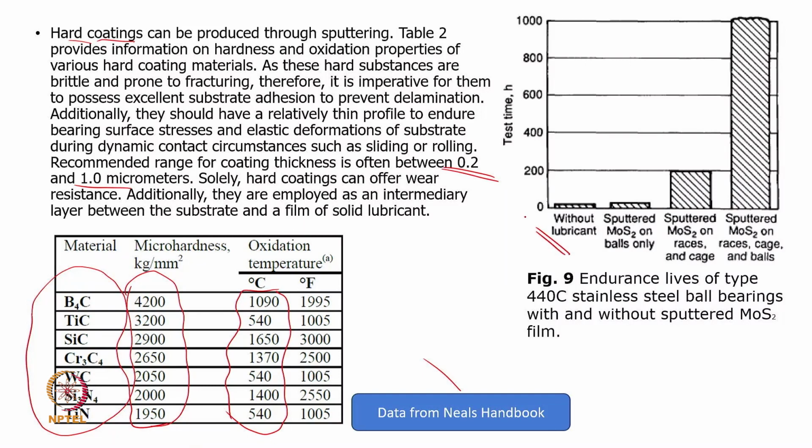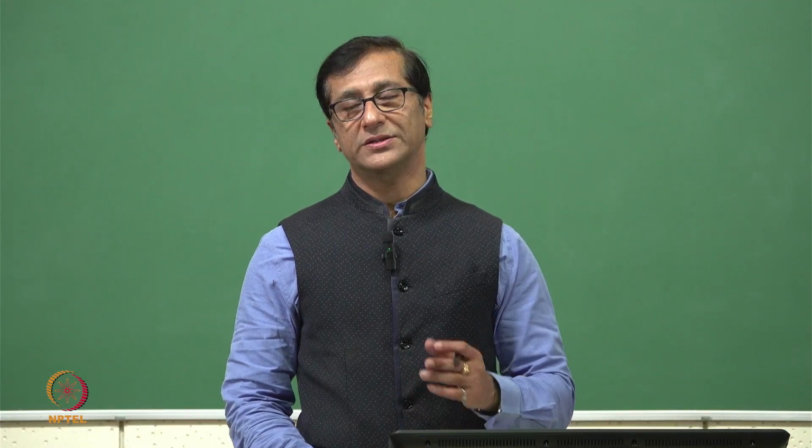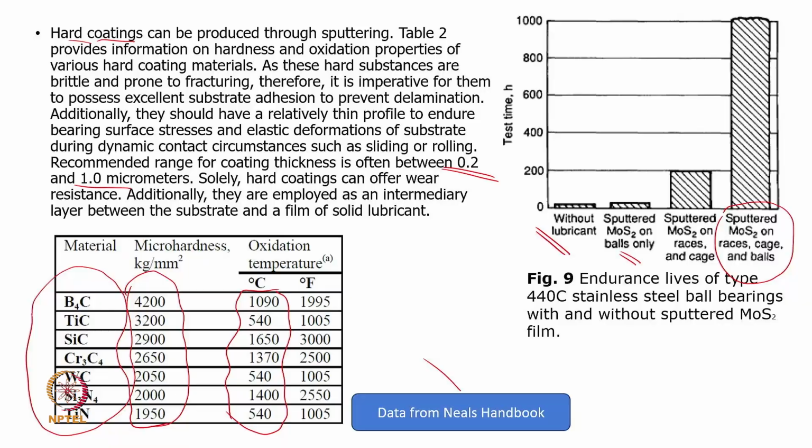One more figure has been shown here. Without lubricant, if we go with sputtering of MoS2, the solid lubricant, particularly for a complete rolling element bearing where all the components have been sputtered with MoS2, that is molybdenum disulfide, they found the wear time increasing significantly.